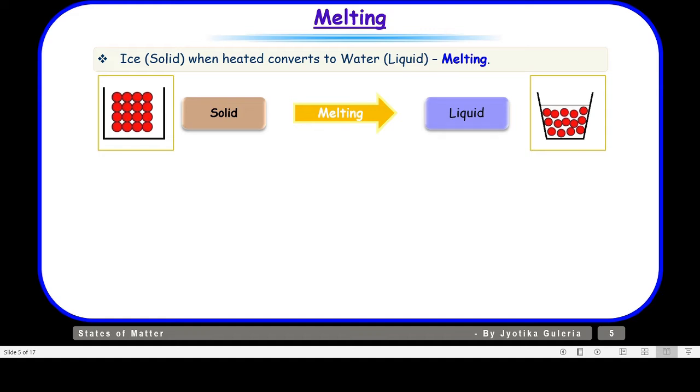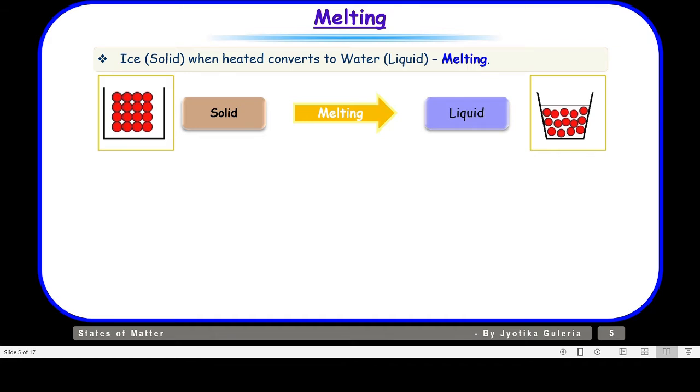When we heat solids, the particles start moving away from each other and become loosely packed. And we know that if they are loosely packed molecules, they are definitely liquids.